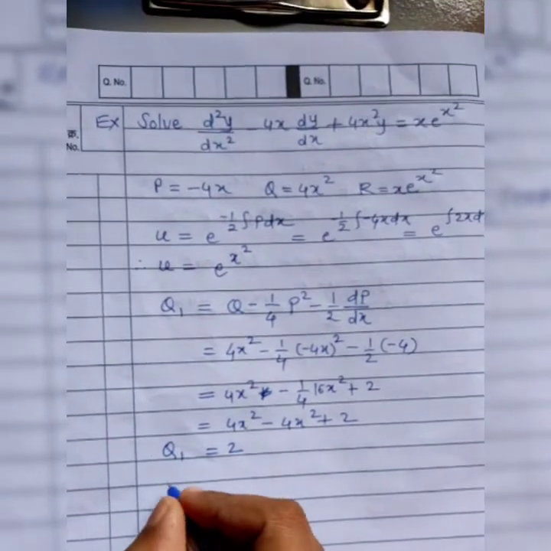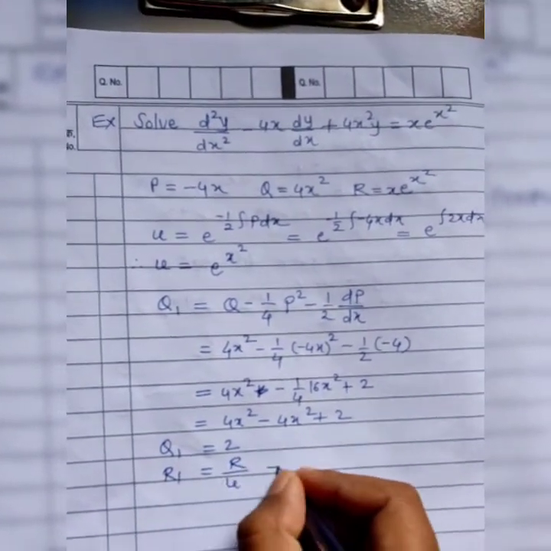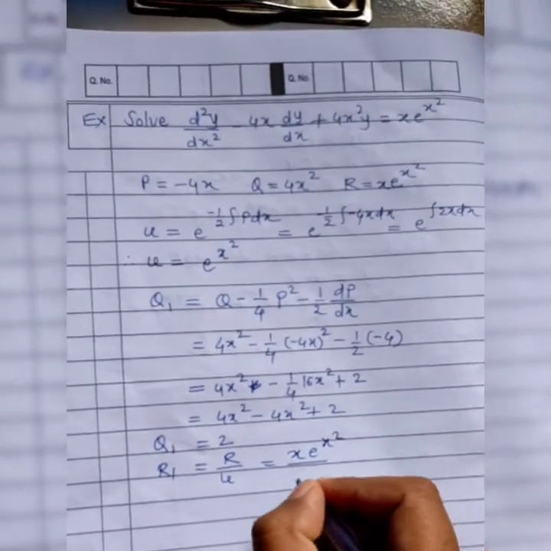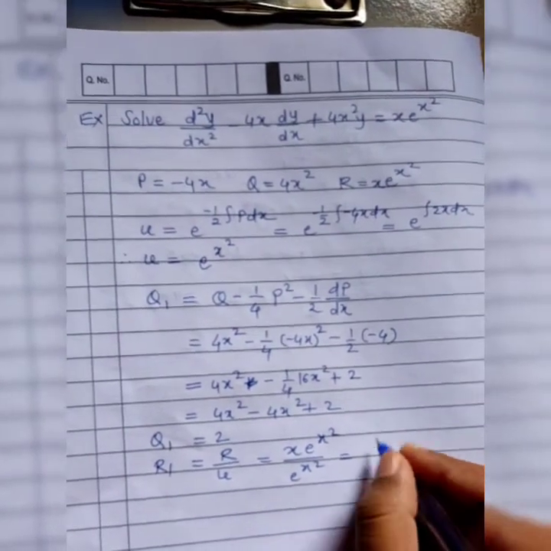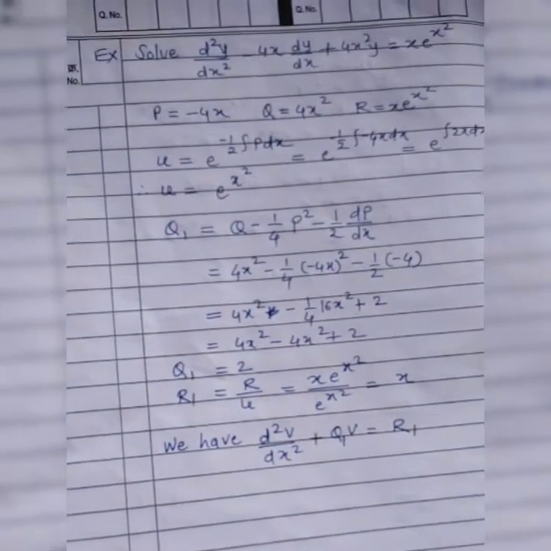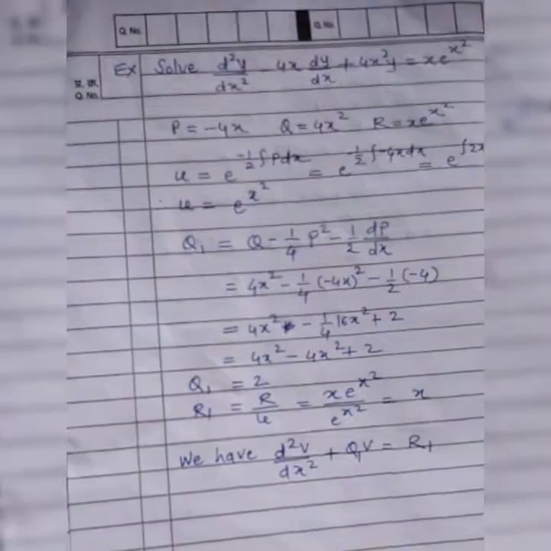Now we have to find out r1. r1 is equal to r upon u. What is r? x into e raised to x square upon e raised to x square. So cancelling e raised to x square, we get r1 is equal to x. We have d2v by dx square plus q1v is equal to r1.